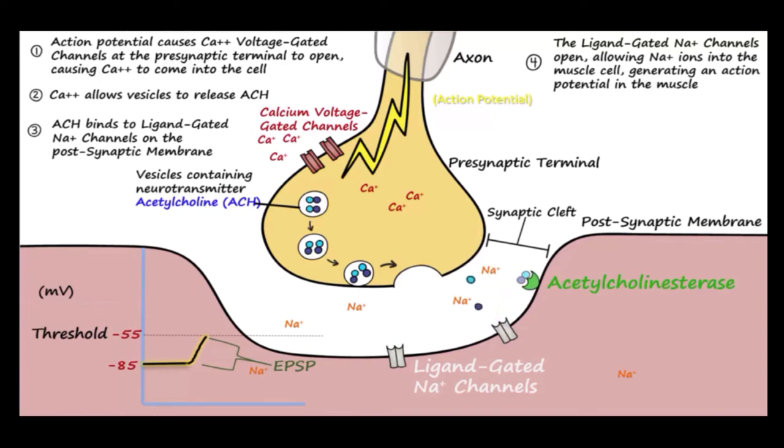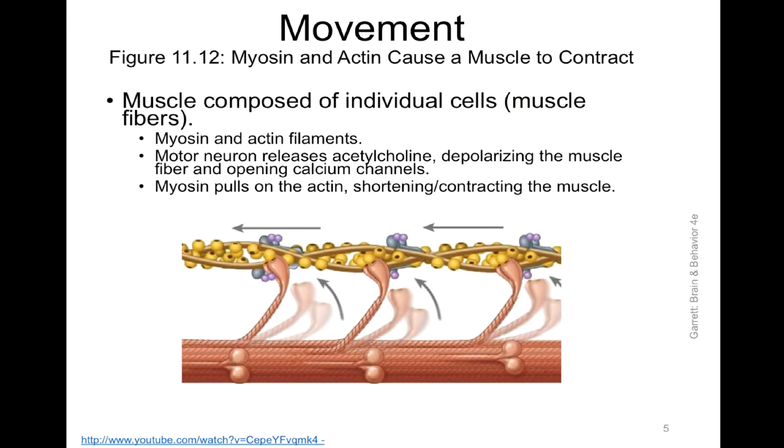Breakdown of acetylcholine is important in order to prevent it from continually causing sodium channels in the postsynaptic membrane to open. So that video explains what happens at the neuromuscular junction and how the release of acetylcholine triggers an action potential in the muscle fiber, allowing calcium to enter.